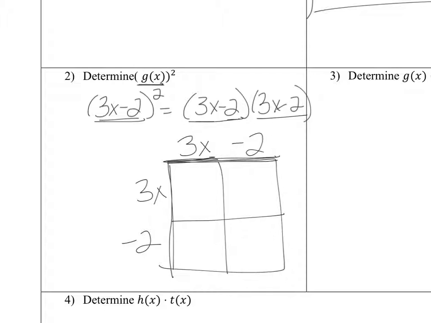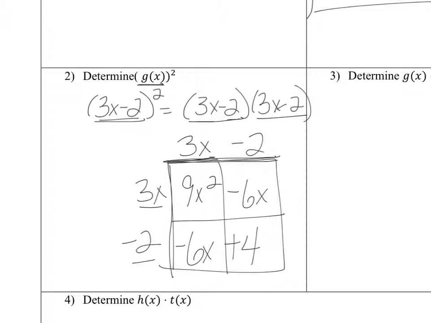And then we simply multiply. So I do 3x times 3x, and I get 9x squared. You just do the math. 3x times negative 2, negative 6x, 3x times negative 2, another negative 6x, and negative 2 times negative 2 is a positive 4. Then we just simply combine like terms.